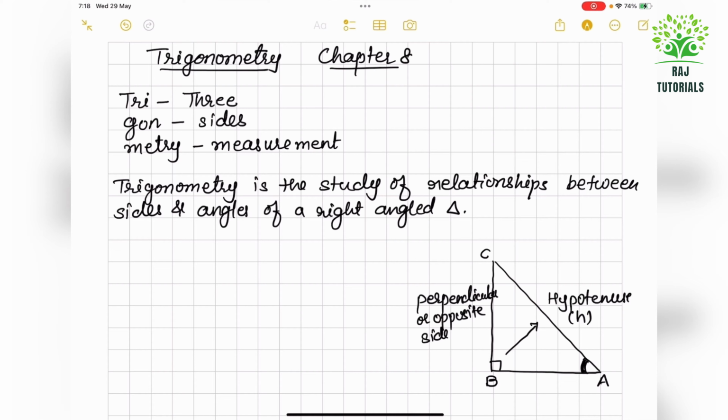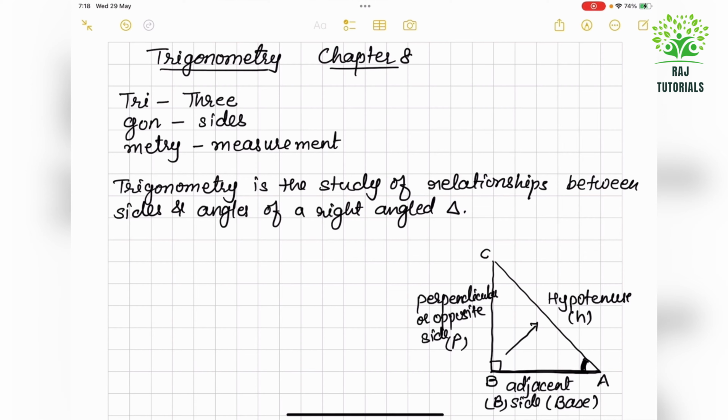And the side which is with the angle, see this BA side is touching angle A. So BA will be my adjacent side, and adjacent side we call as base also. So adjacent side I will be using the word B for that, and perpendicular I will be using P.